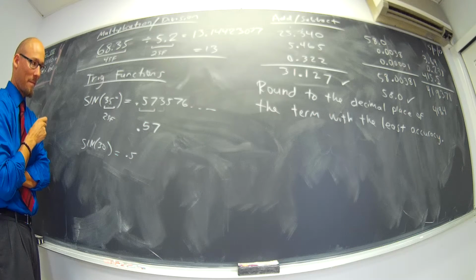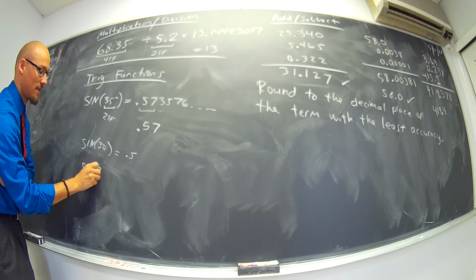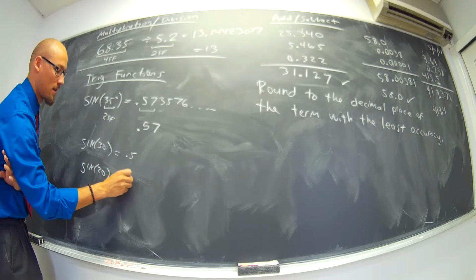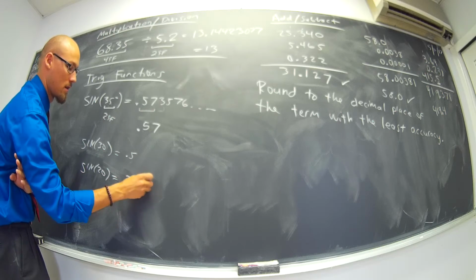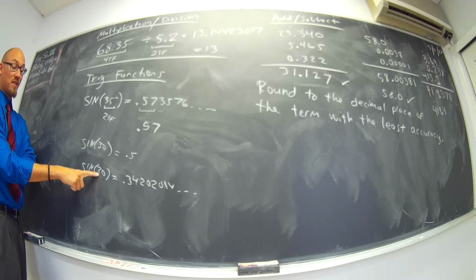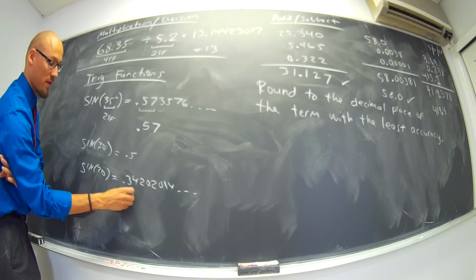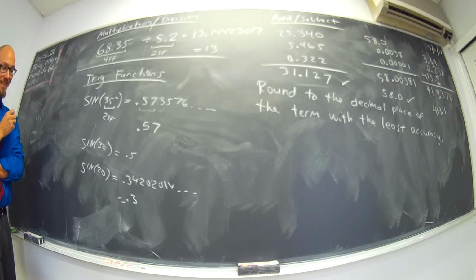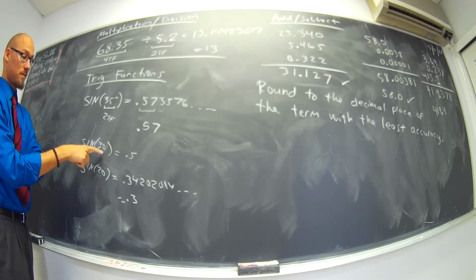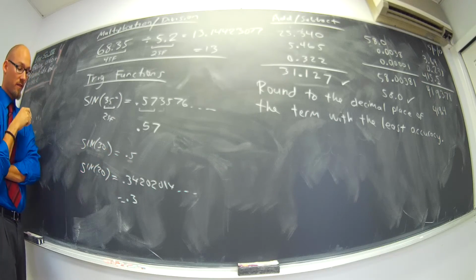But then if you go sine of 20, the sine of 20 is 0.34202014. Right, so we would say there's 1 significant figure. So this is actually just 0.3. And sine 30 is 0.5, because there's 1 significant figure.